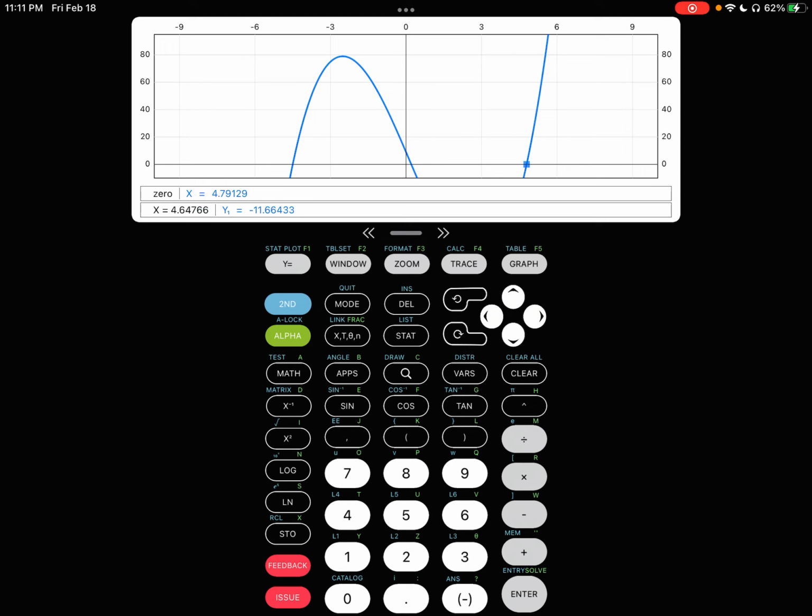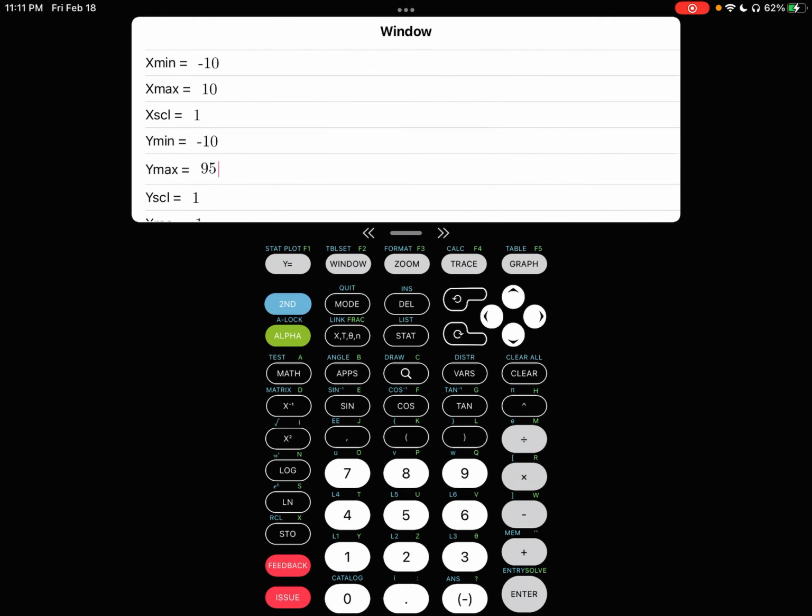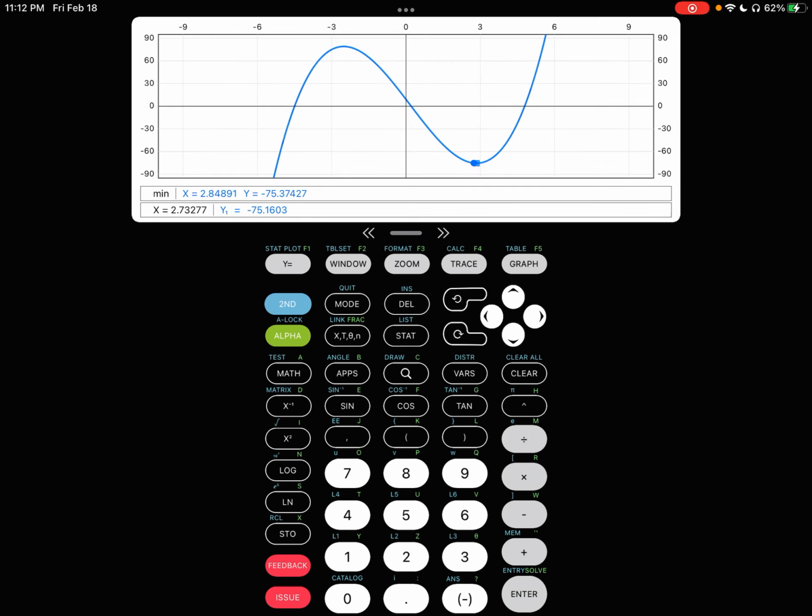Now it's moving up. So somewhere along the lower -70, -80 range. Let's make our window, and let's move our y minimum now to like -95. So let's hit the negative button, 95, and then we'll hit the graph. So now this graph looks nice and beautiful.